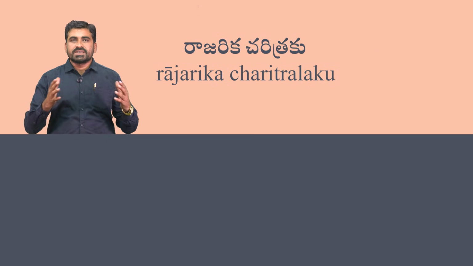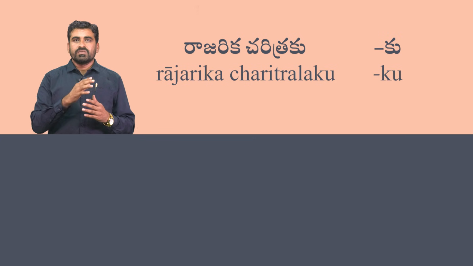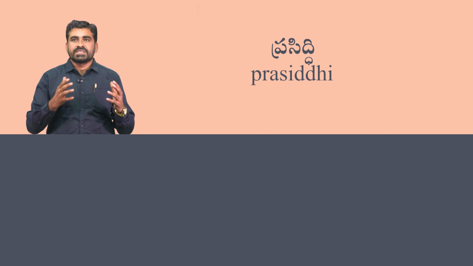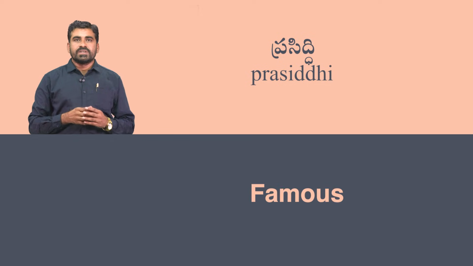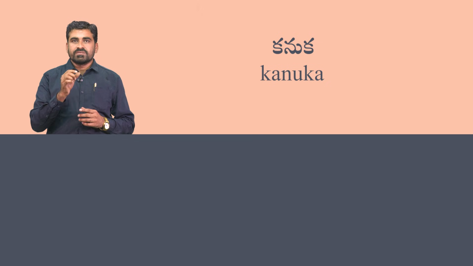Here, Rajarika Charitraku is in the dative case ku, meaning for political history, indicating the region or field of importance, while Prasiddhi is an adjective meaning famous, describing the subject. The conjunction Kanuka is a causal connector, meaning therefore or so, linking the Kolhapur state being famous for political history to the proposed action.